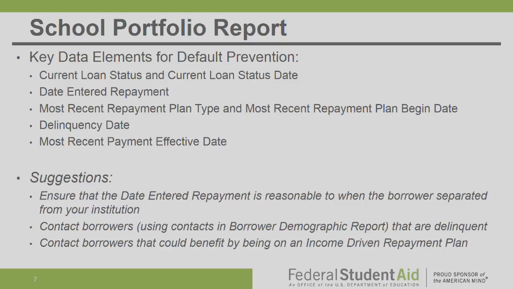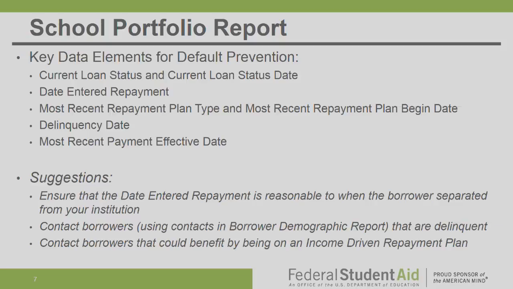But when we start getting above 30, 60, 90, well, we're not going to tell you how many days delinquent the borrower is, but we're going to give you that delinquency date so that you can calculate it and figure out who you're interested in looking at. Am I worried about borrowers that are 30 days? No, I'm probably more worried about borrowers that are 270 days this time. We'll worry about the borrowers that are 30 days tomorrow, but knowing that tomorrow will be quickly arriving.